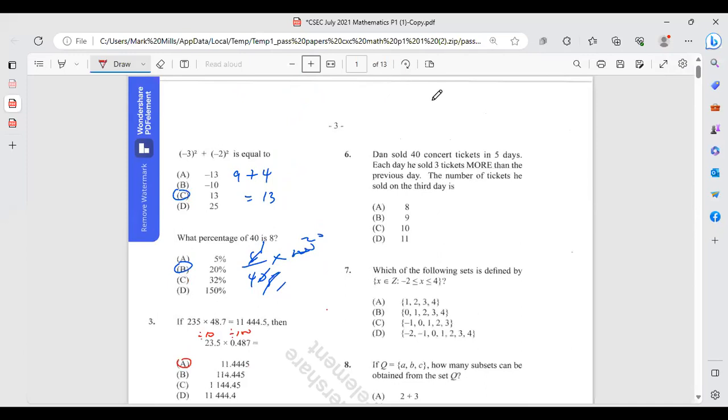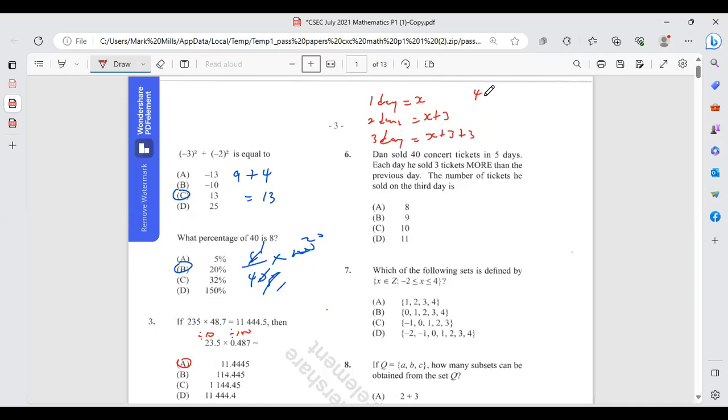Because some people might not know what to do. So I'm going to try and do it. Day 1 is X. Second day is X plus 3. Third day would have been X plus 3 plus 3.